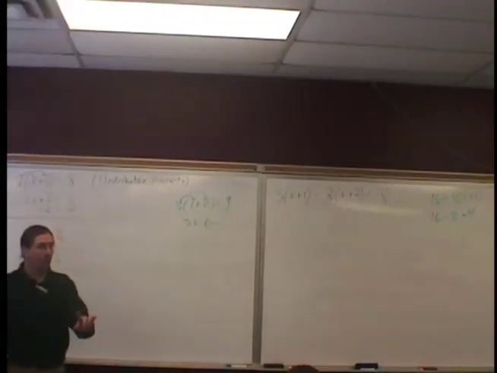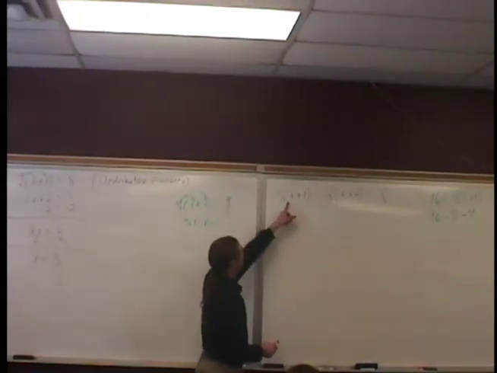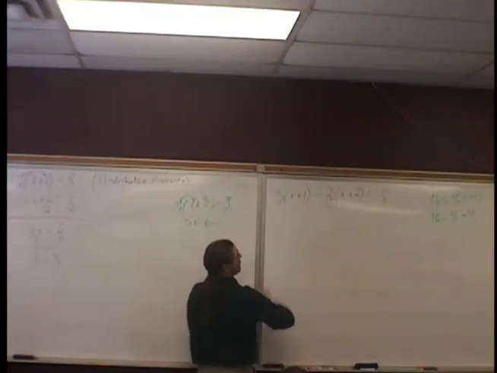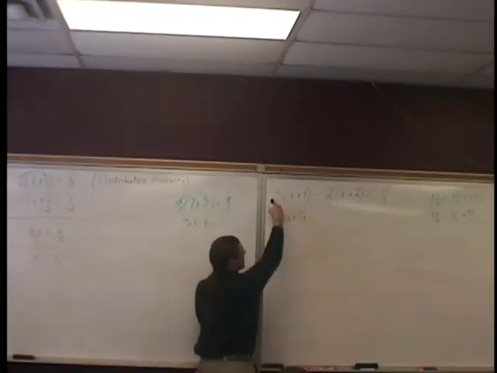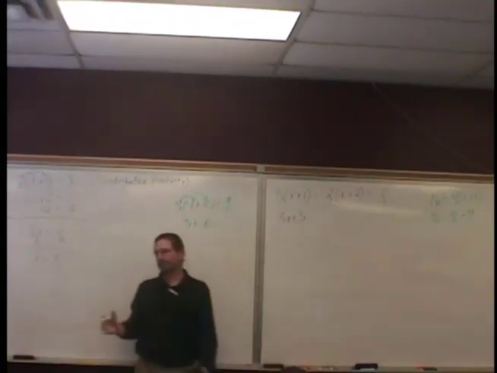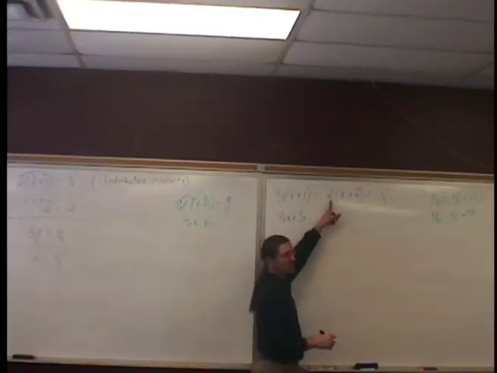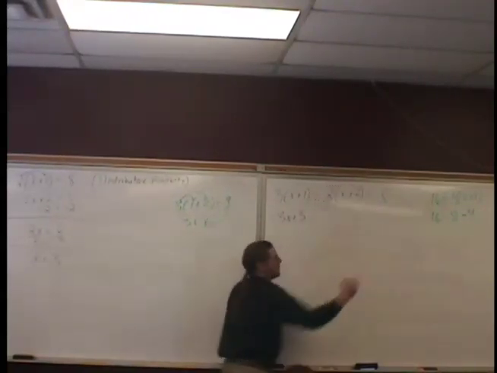So, with that in your arsenal of brain power, how are you going to distribute here? This one's perfectly fine. It's 3x plus 3 because the 3 is a nice good old positive 3. Yes, be careful with this too. Distribute all of it.